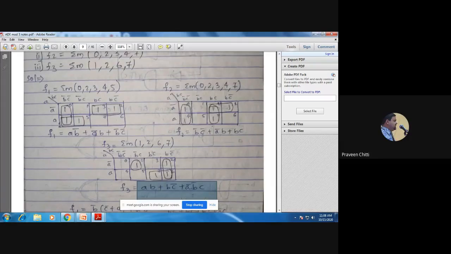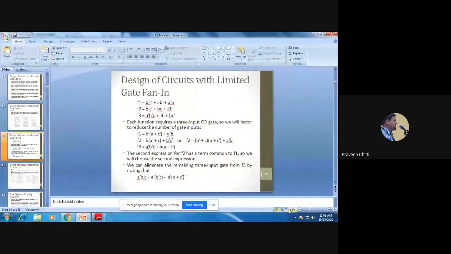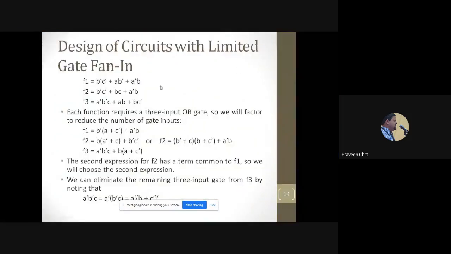I hope all of you have got these three answers. First one you got B bar C bar plus A B bar plus A bar B. Then second one you got B bar C bar plus BC plus A bar B. And third one you got A bar B bar C plus AB plus BC bar.